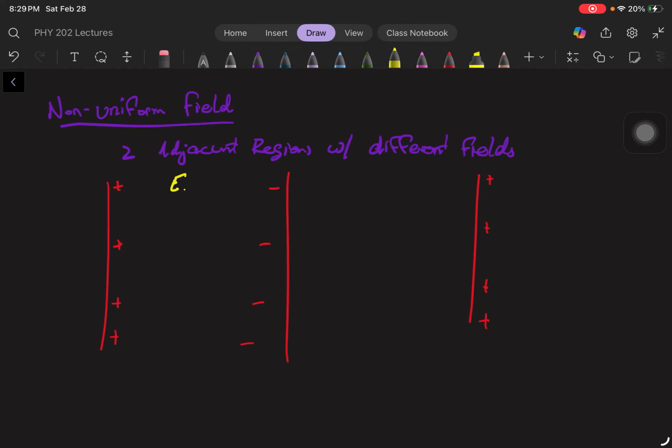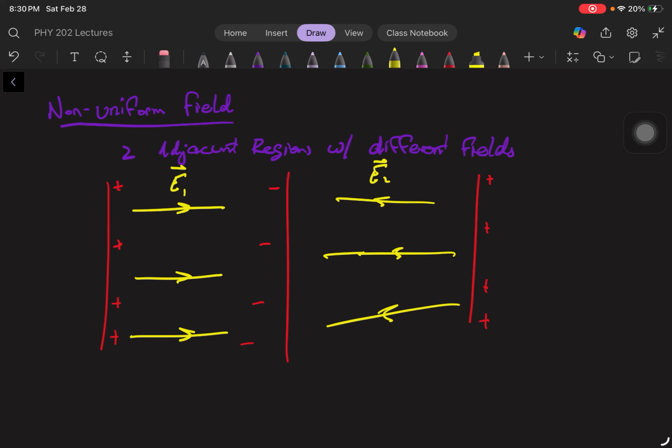And so we could define E1 going this way, E2 going this way. And let's say we have, I don't know, what do we have? A positive particle, say it's a proton. Okay, let's do this as blue. And so that's a proton.